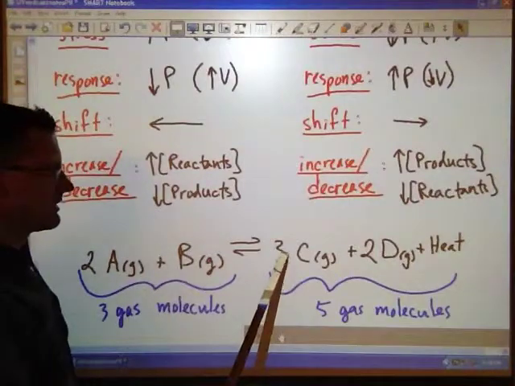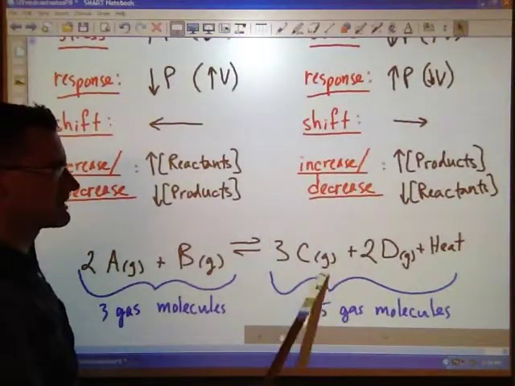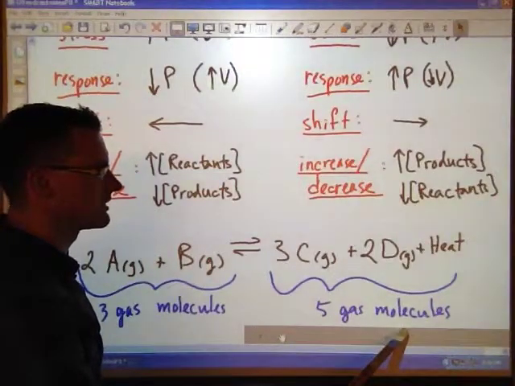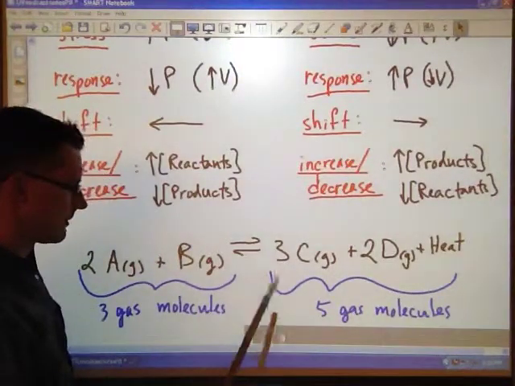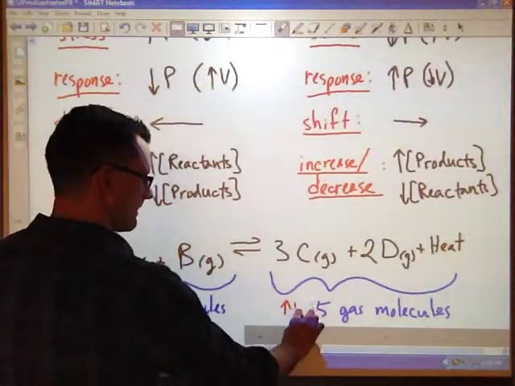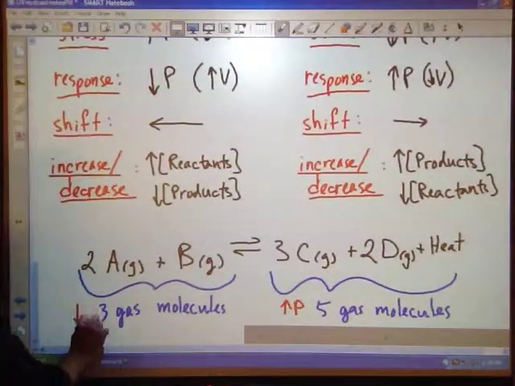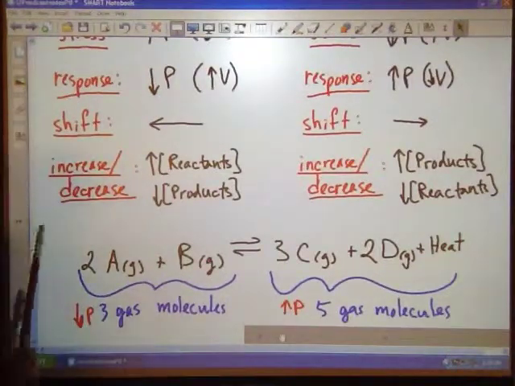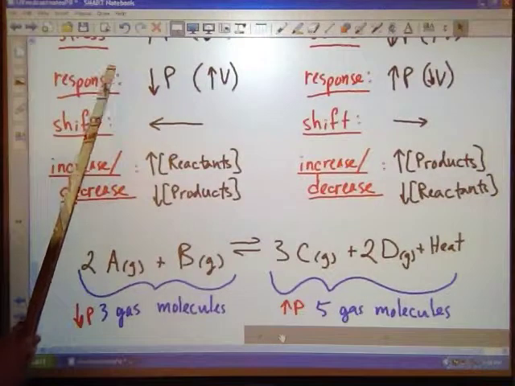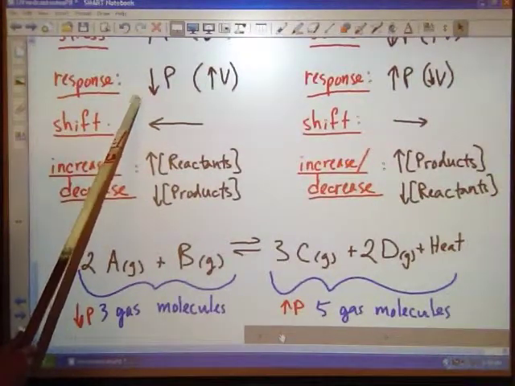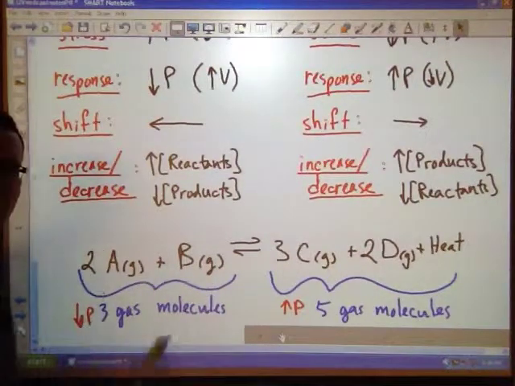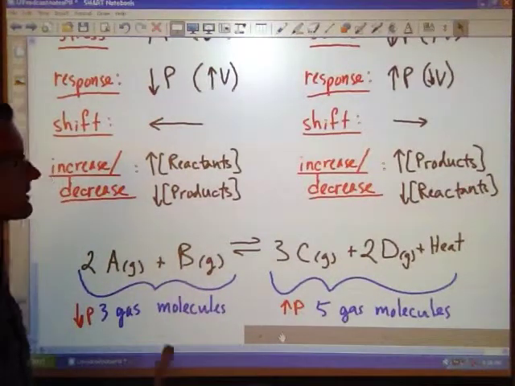Over on the right, 3 C gas molecules, 2 D gas molecules, a total of 5 molecules. So this side will have more pressure, this side will have lower pressure. So back up to the original question, the stress was increased pressure. I want to reduce the pressure. The side that has reduced pressure is the reactant side from counting up the number of molecules.